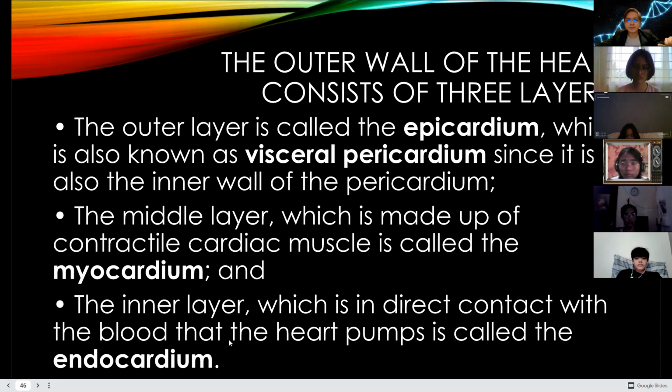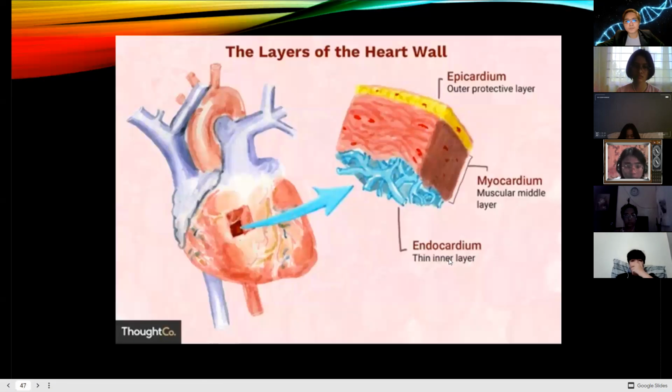Epicardium is the outer layer, also known as the visceral pericardium because it is the inner wall of the pericardium. The middle layer is made up of contractile cardiac muscle called myocardium. And the inner layer, in direct contact with the blood that the heart pumps, is called the endocardium. Epi, myo, and endo.